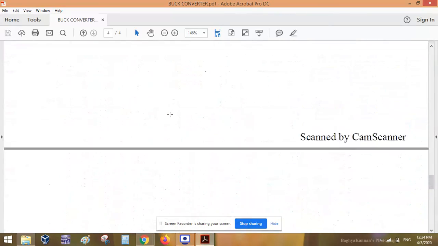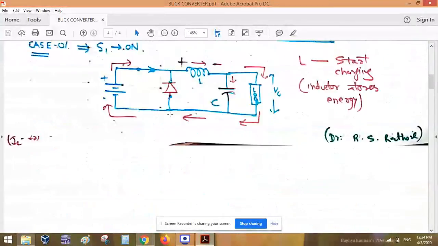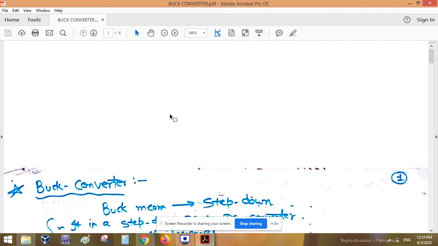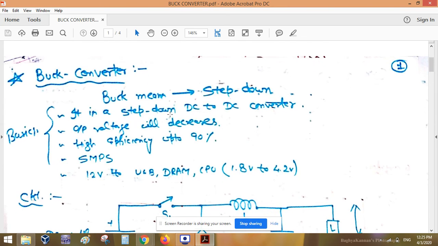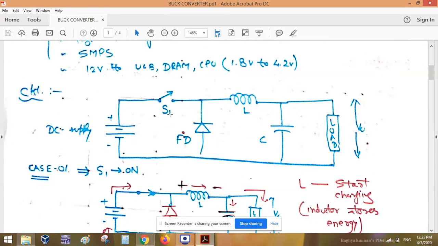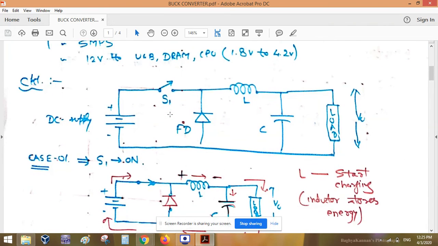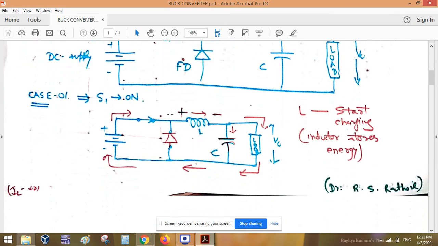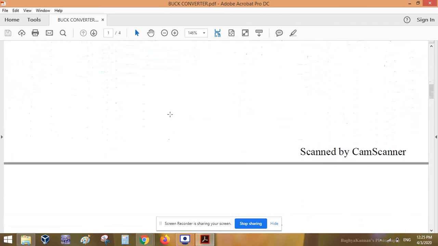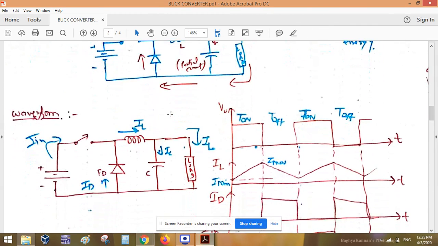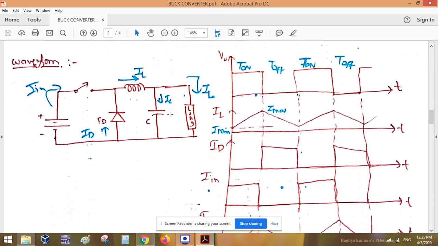So that is what we learned today. We learned about the buck converter, a switch mode power supply. This is the basic circuit diagram, consisting of the power diode, L and C connections. We have seen the two operations, switch on and switch off, and we solved for both cases. First of all, we analyzed the waveform.